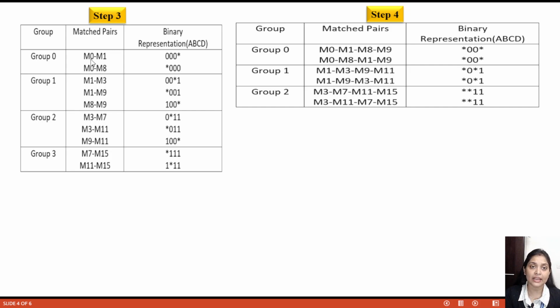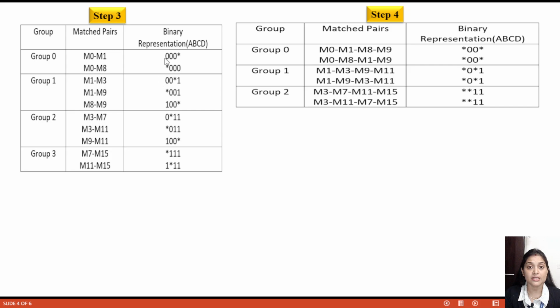Then again M0 M1 and M8 M9. We will compare again. So 0 0 0 star and here 1 0 0 star. You can easily understand in the most significant bit only 1 bit change happened here.